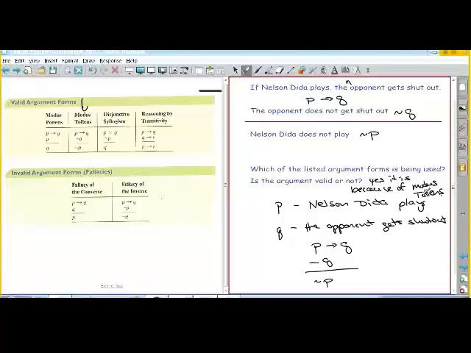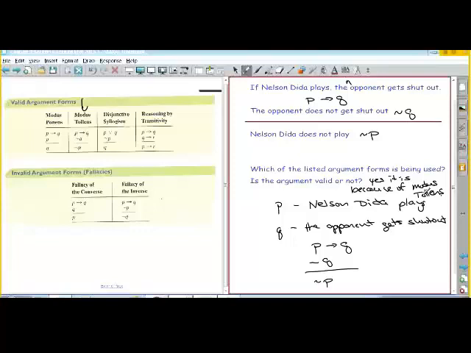I'm trying to think of the right way to do that. You could think of cases where this is not true, but the argument as presented, I'm confusing myself there. I can think of cases where somebody else would play and they would get shut out.